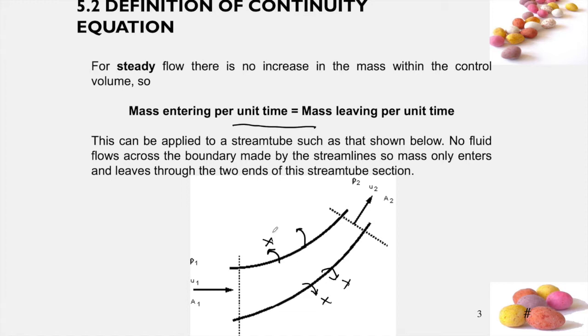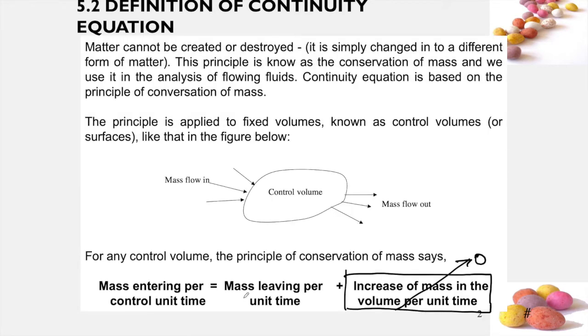The fluid in this stream tube flows steadily. So when the flow is steady, which term in this equation will be equal to 0? The increase of mass in the volume per unit time.